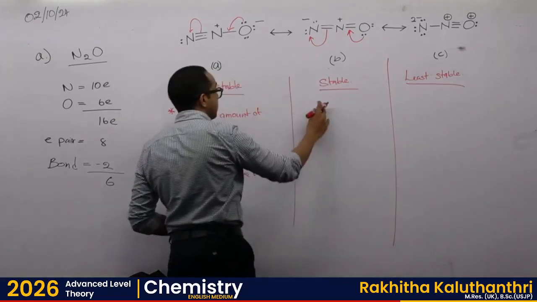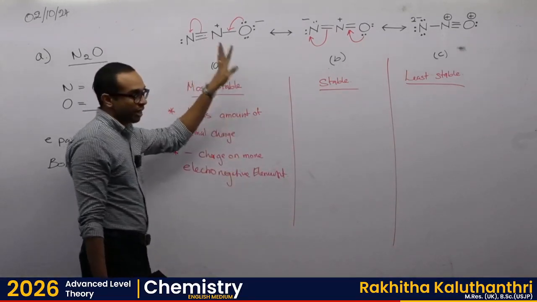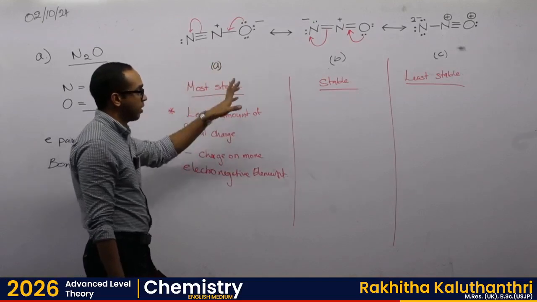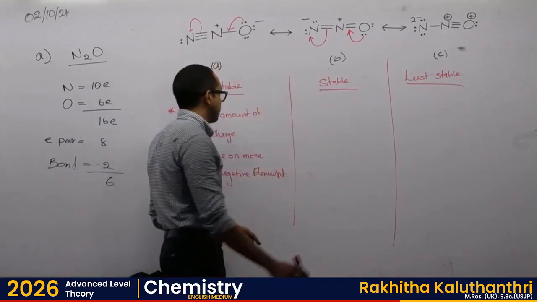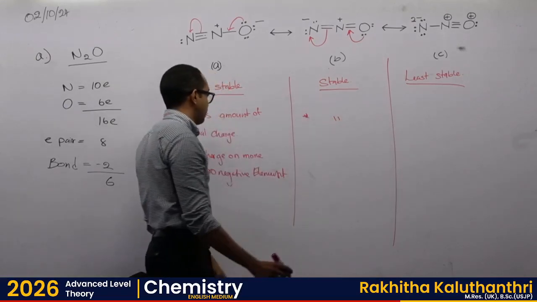Now this one, now I'm just writing why we consider this to be very stable. There's not a huge charge separation, like only 2 formal charges are there. Here also the same thing. I can write the same thing. Not a lot of formal charge.